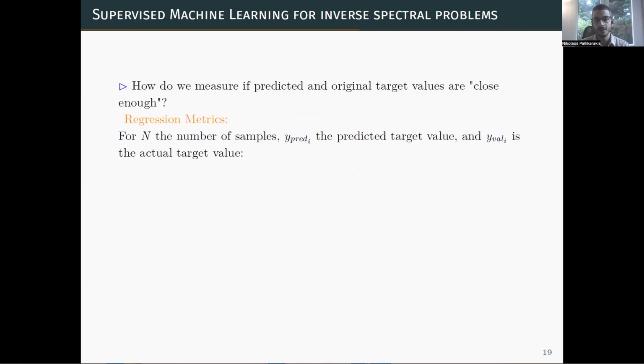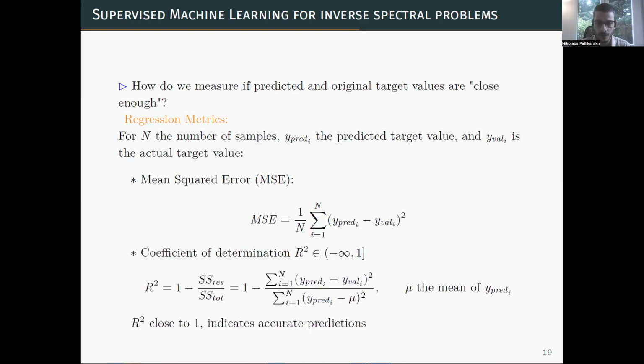And since we're studying regression models, we're going to say a few words about regression metrics. Assuming that we have n samples, Y pred i is the predicted target value and Y val i is the actual target value. Of course, the most typical reference is the mean square error, which is the average of the squares of the differences between these two families.